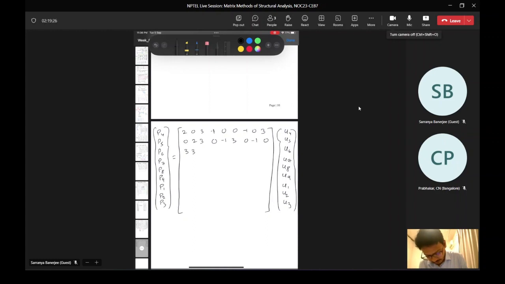3, 3, 24. I am writing this matrix because you can also try this at home and check whether these values are matching, and if these are matching you can also solve the answer and keep it ready so that next class you can just verify whether my answers are correct. I know your answers will be correct, so you just check whether mine are correct.